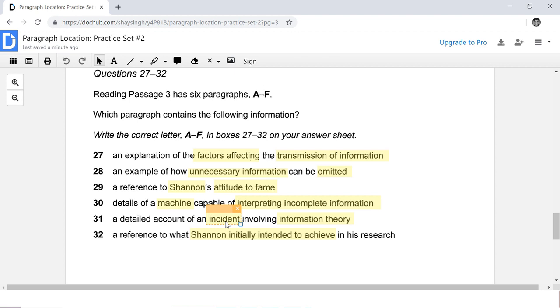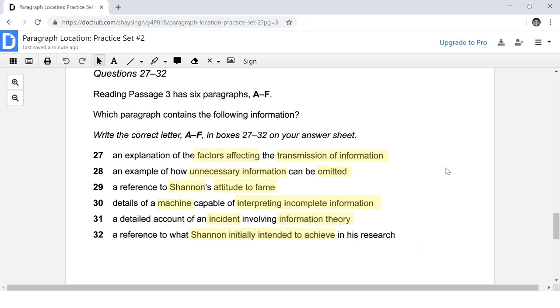An event that is negative or unexpected. For question number 32, we have marked Shannon. Shannon is a proper noun, so we are looking for a reference to what Shannon initially intended to achieve in his research. So what were Shannon's initial intentions with his research?